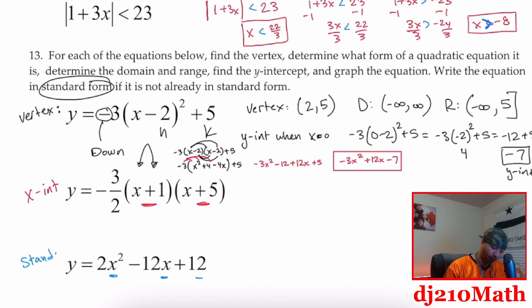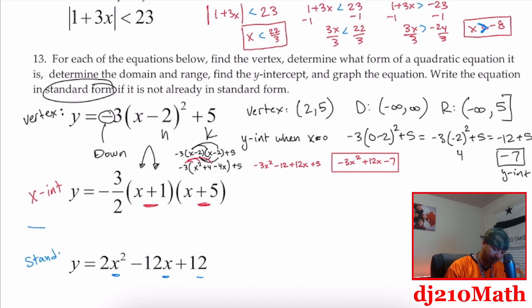So we know that it crosses the x-axis at negative 5 and negative 1. Right? We know that for a fact. All right, so how many units apart is 1 and 5? So 1, 2, 3, 4, 5.